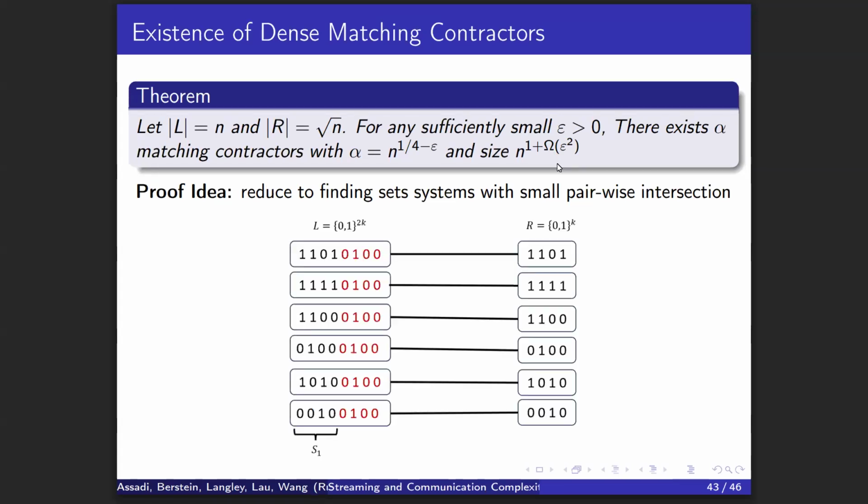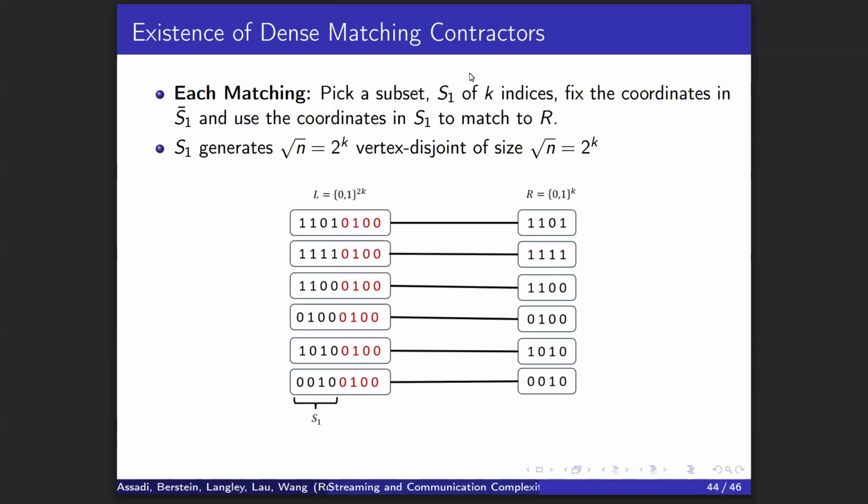The idea is actually very, very simple. We let L be the set of binary strings of length 2k, and we let R be the set of binary strings of length k. So the size of R is root N. To construct each matching, we pick a subset of k indices; let's say S1 is the set of indices that I picked.